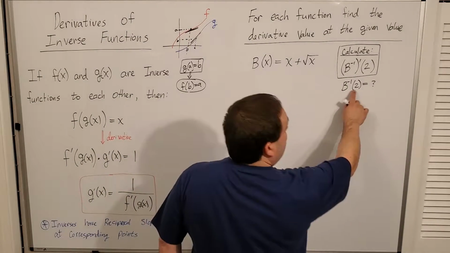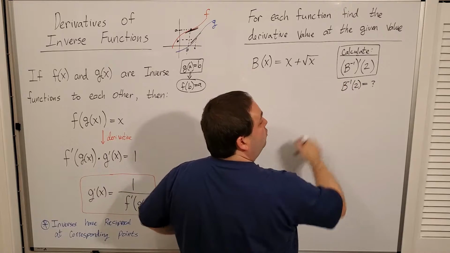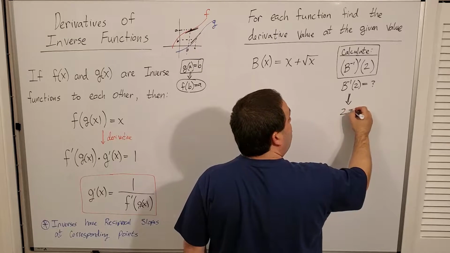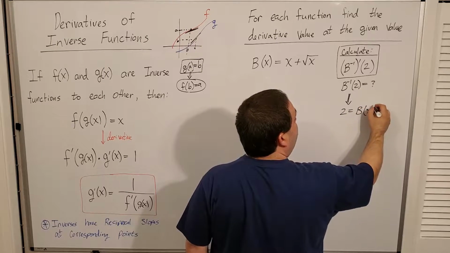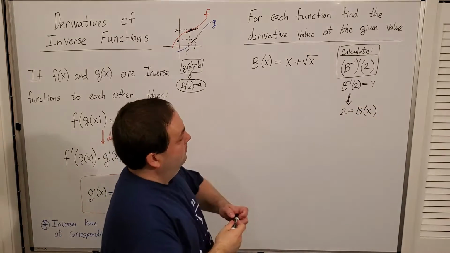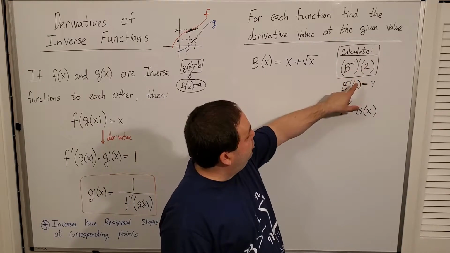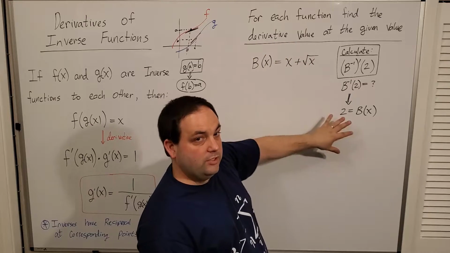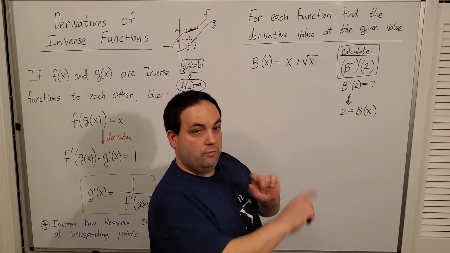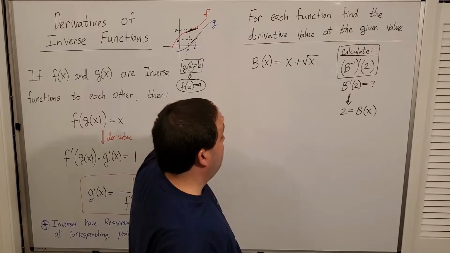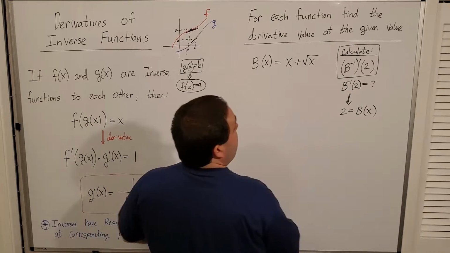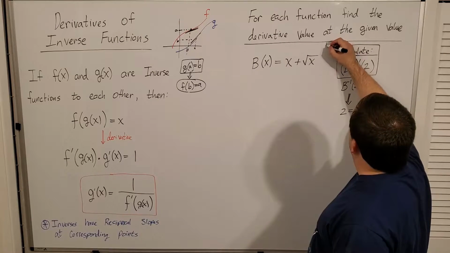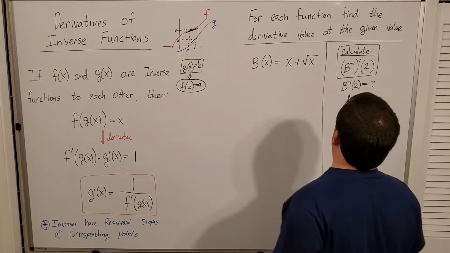But if I'm looking for b inverse of 2, then this is the same thing as saying 2 equals b of x. Because an input to an inverse is the same as an output to its original function, right? Because inputs and outputs reverse. All right, so what that means is I'm going to be looking for the solution to this equation.